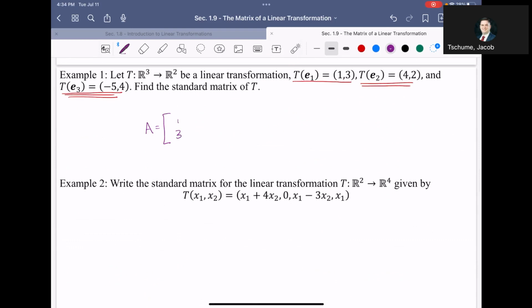That actually becomes a column. So the first column of A would be 1, 3. Similarly, T of E2 would give you the second column of your standard matrix, and then T of E3 would be negative 5, 4. And this is your standard matrix A.